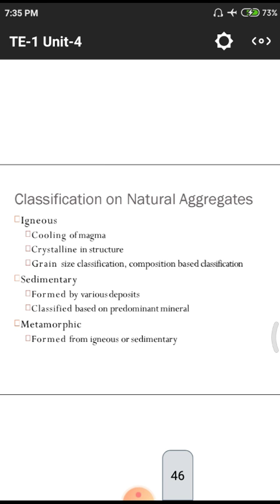Next one is metamorphic rocks. This metamorphism means, normally, if a child has a few months' period, his body has some quantity of glowiness, shape and sizes.